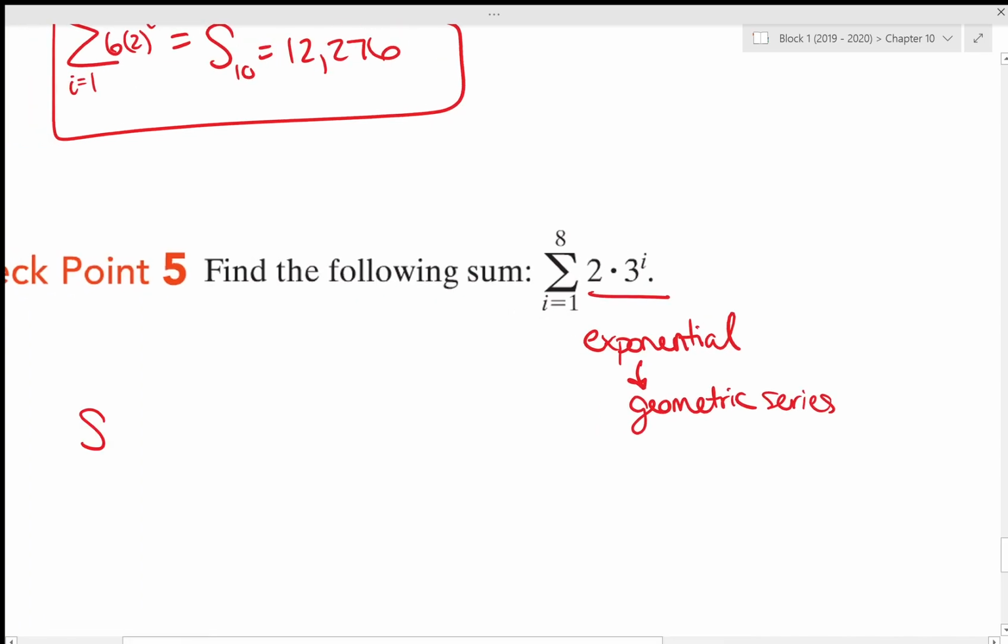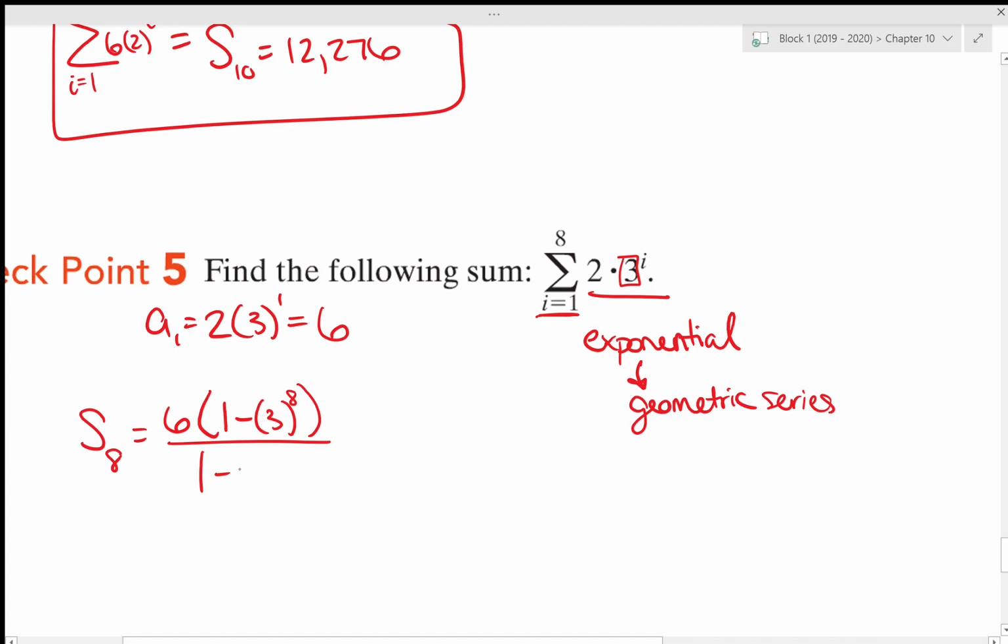So 1 to 8, that's 8 numbers, so the sum of the first 8 terms is my first term, which is going to be 2 times 3 to the 1, because my 1 is my lower limit. 3 to the first is 3, times 2 is 6. So it's 6 times 1 minus my common ratio, that rate of change is the thing in the exponent, so 3 to the 8th power over 1 minus 3.